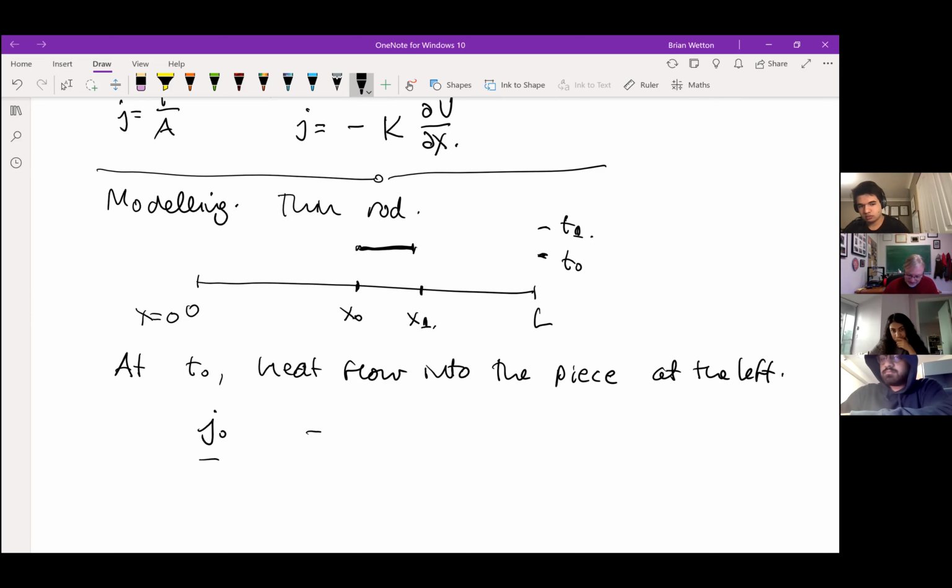I know that that's equal to minus K times du dx at x0. And if I want the total amount of heat coming in, then I have to multiply that by the area. So let me put that in.